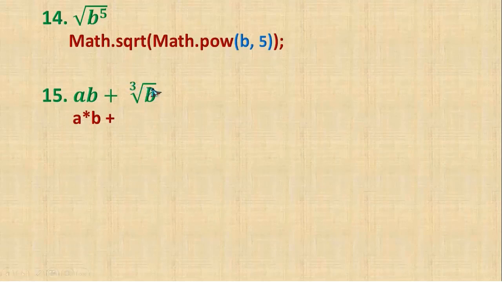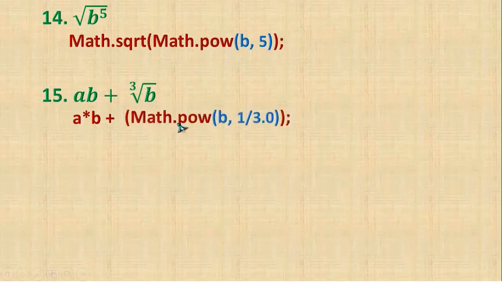But still we cannot give directly 1 by 3. We are supposed to give 1 by 3.0, because then only it will take as double value. Otherwise it will always round down to the integer as 0. So you will get the answer as always 1. So Math.pow of b comma 1 by 3.0 you must write.